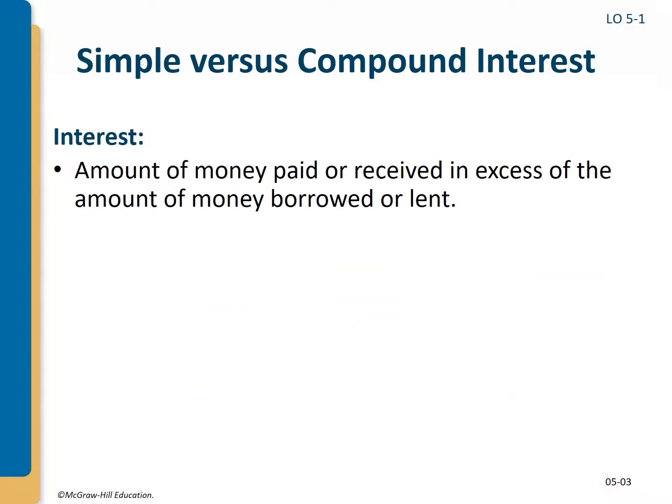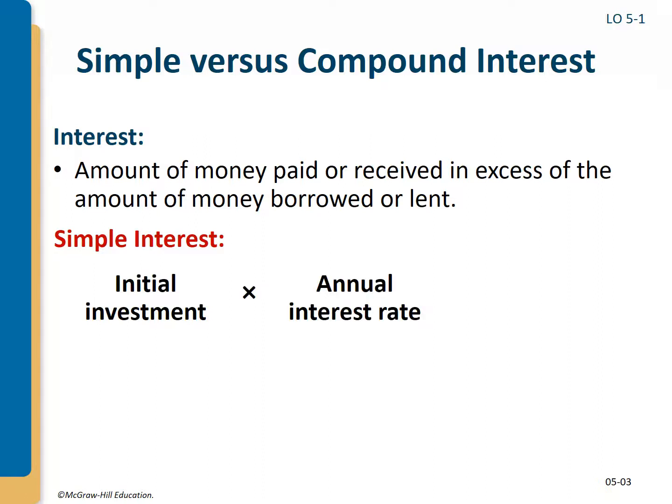We have used what's called simple interest calculations so far in our discussions in accounting. Remember, interest is the amount of money paid or received in excess of the amount you borrowed or loaned. We've used simple interest, which says take your initial investment times the annual interest rate times the period of time you will calculate interest for.